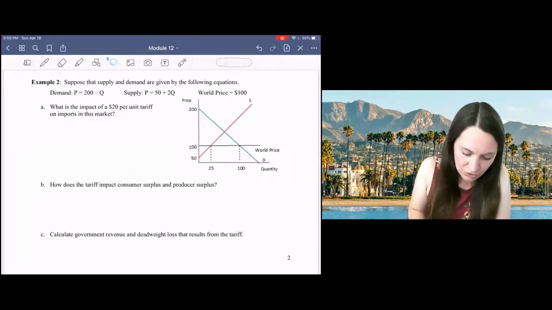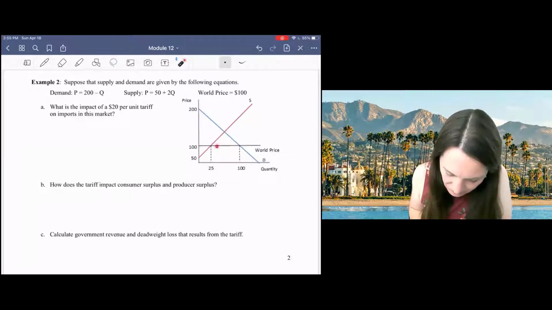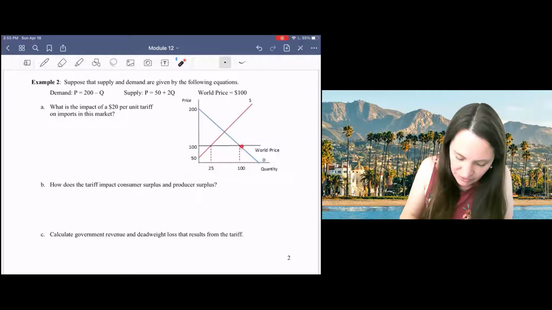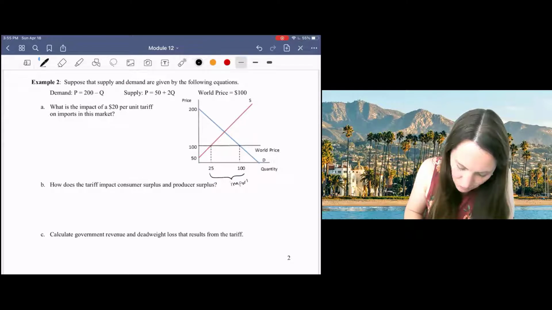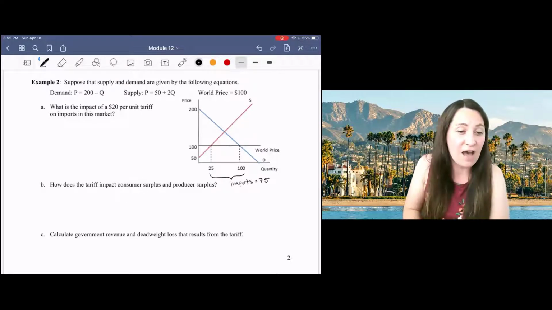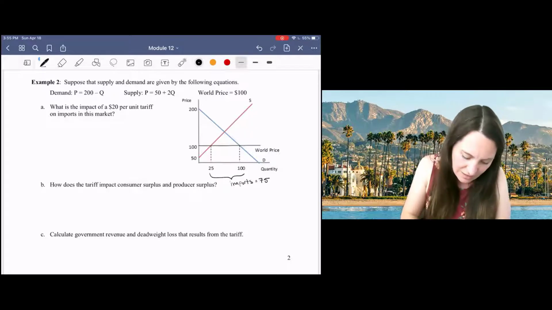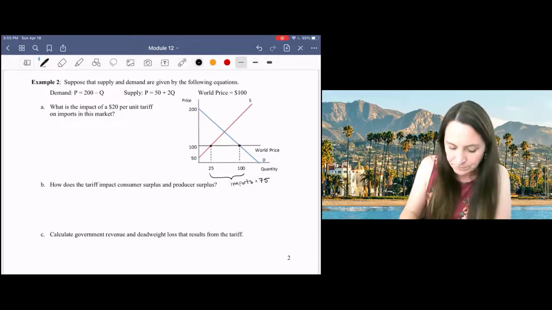So at the world price of 100, the quantity produced domestically is 25, the quantity consumed domestically is 100, and the difference would be imports. So here the country is importing 75 units with free open trade.